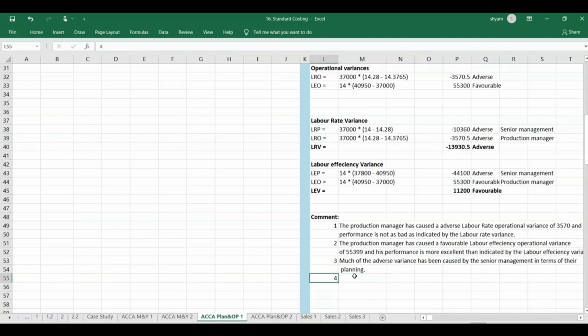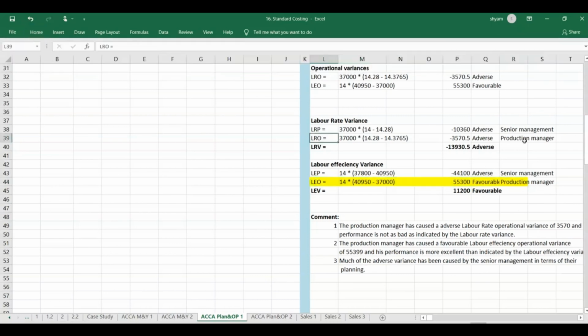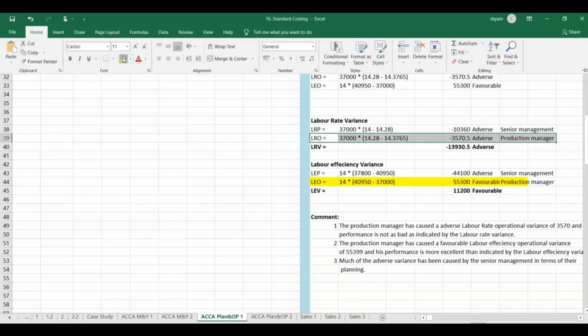I don't think we need to type, but hope you got the idea. So he's responsible only for this one and this one. If you want, we can put it in a different color. So this is what the production manager is actually responsible for.